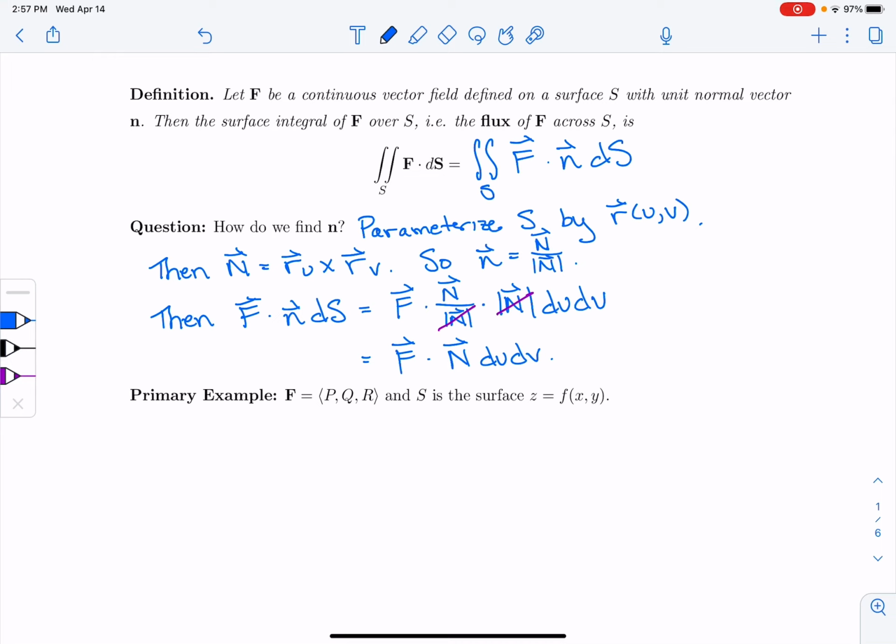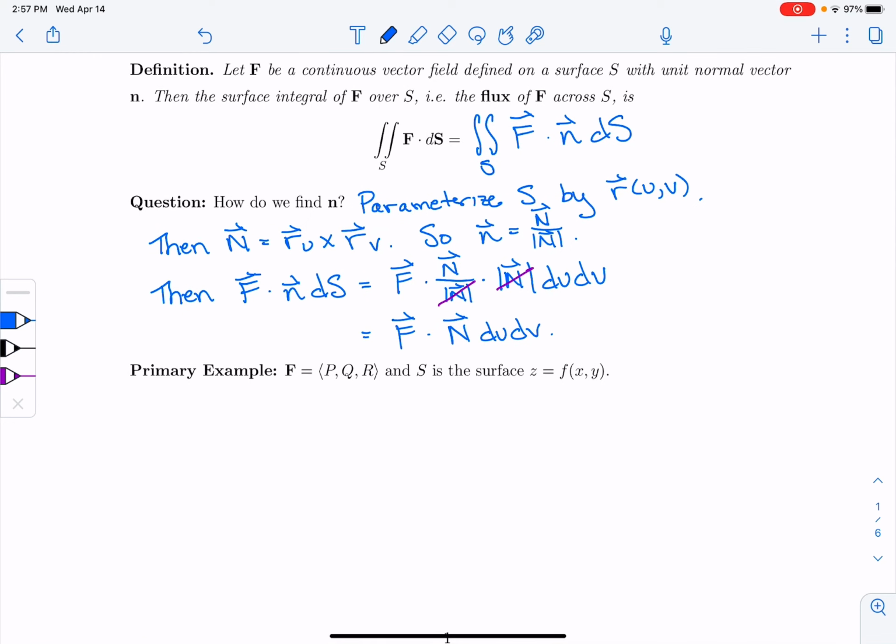Now, in most cases when we're computing surface integrals, our surfaces are actually going to be z being a function of x and y. So imagine that we have some sort of vector field f in 3 dimensions. So it's functions p, q, and r of x and y. And then S is going to be the surface z equals f of x, y. So in other words, the parameterization is just going to be x, y, and f of x, y.